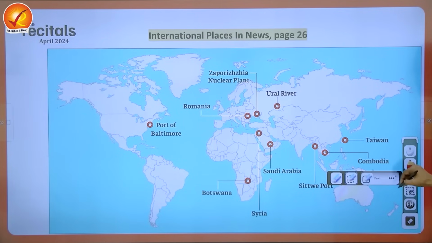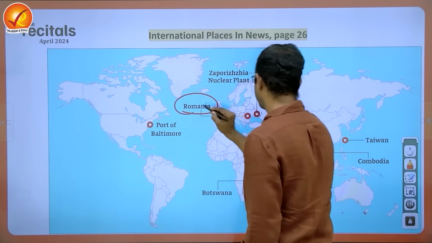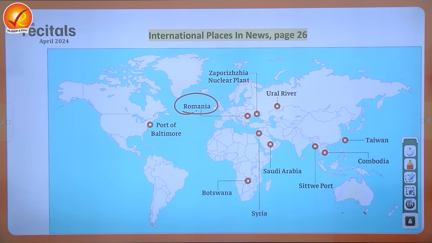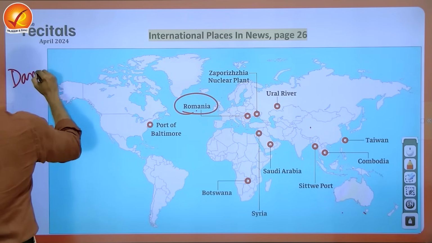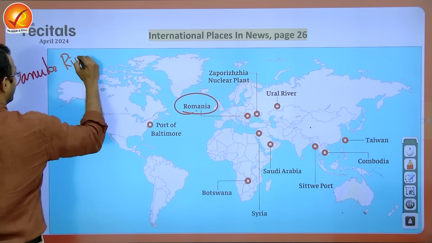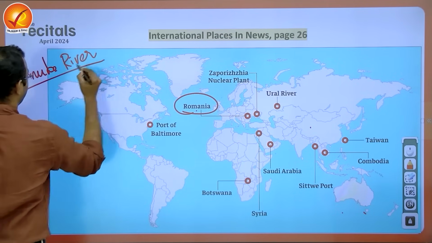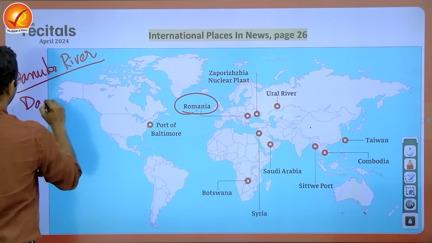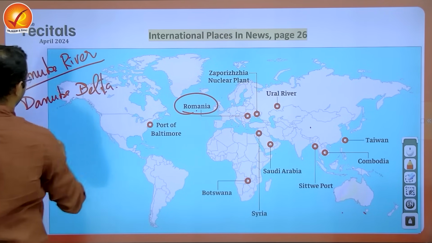Copied. Next one, Romania. Romania is present in the eastern part of Europe. The important geographical features include the Danube River, which flows through close to 10 countries in Europe, also flows in Romania, right?